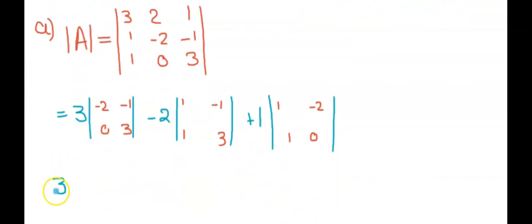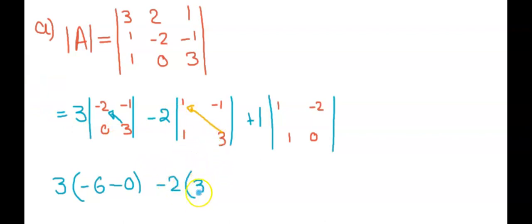The 3 is already there, bracket. 2 times 3, minus 2 times minus 6, I mean minus 6, and then minus 0, because this time this is 0. 1 times, and then the minus 2 comes here, so the minus 2 is there. 3 times 1 is 3, minus 1 times minus 1 is minus 1, so another minus 1.